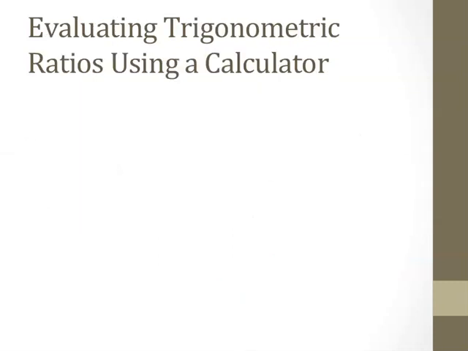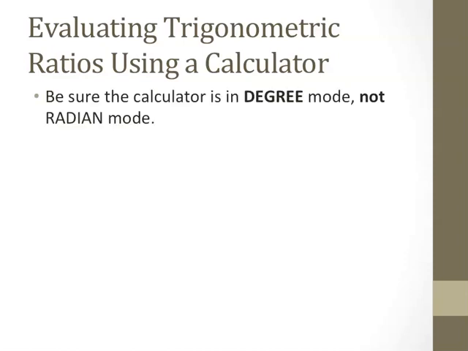So a couple of things when it comes to evaluating trig ratios using a calculator. First, for what we're doing right now, we want to make sure that the calculator is in degree mode and not radian mode. So on the graphing calculator, there's a button that says mode, and you can choose between DEG, which stands for degree, or RAD, which stands for radian.